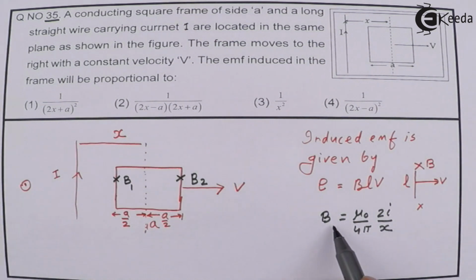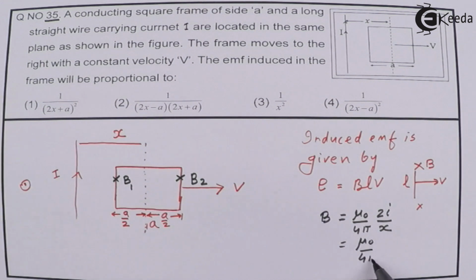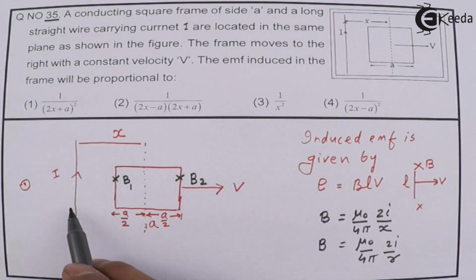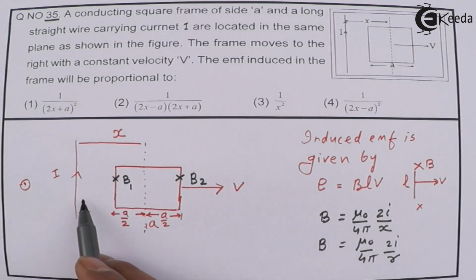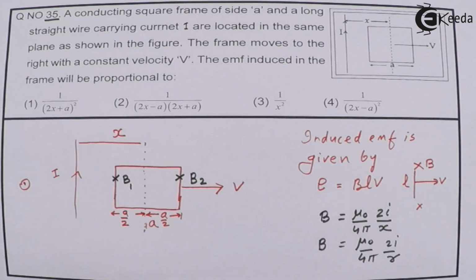I will write 2I divided by r, so B is inversely proportional to r, where r is the distance from the wire at which we want to find the magnetic field.